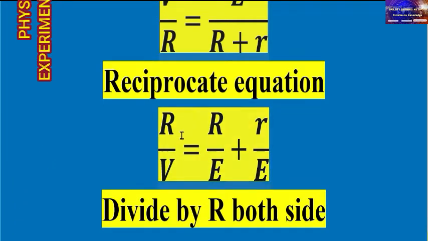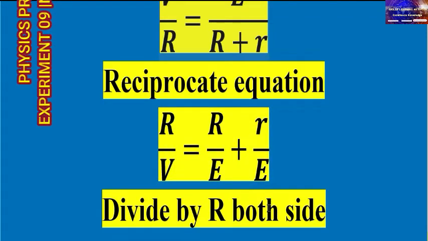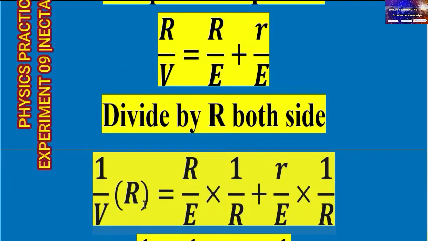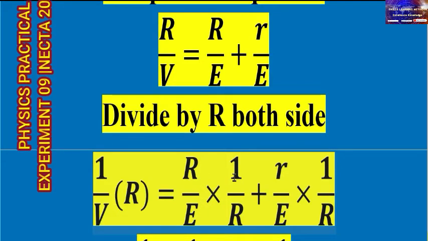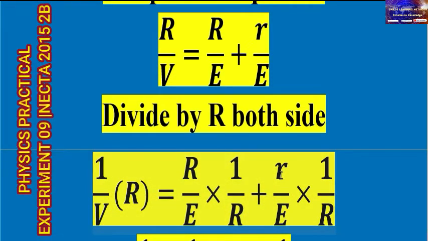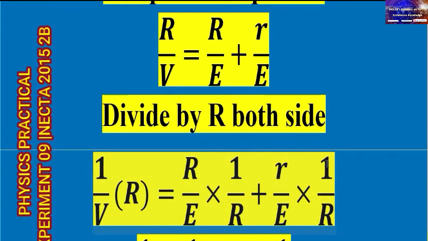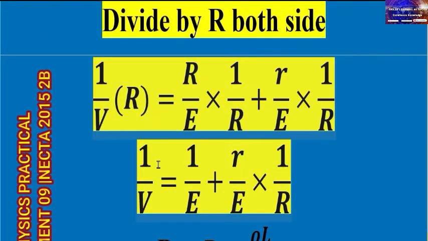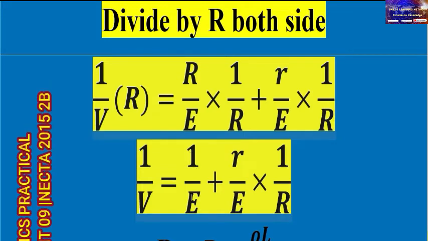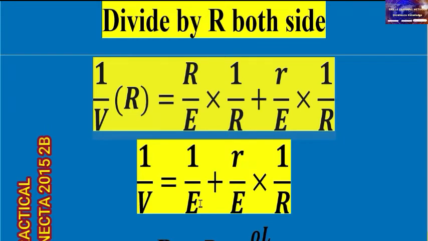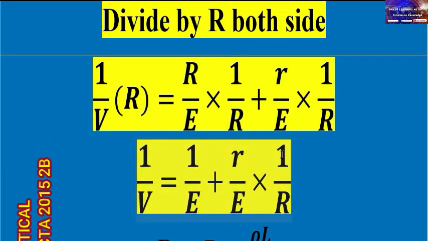In order to get 1 over V, we have to divide both sides by R. Then our equation will be 1 over V is equal to (R over EMF plus r over EMF) times 1 over R. So our equation will be 1 over V is equal to 1 over EMF, because R and R have been cancelled, so it remains 1 over EMF plus r over E times 1 over R.